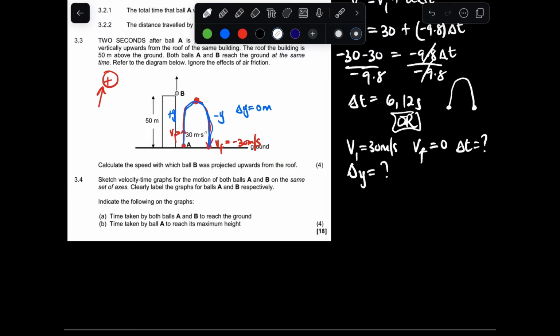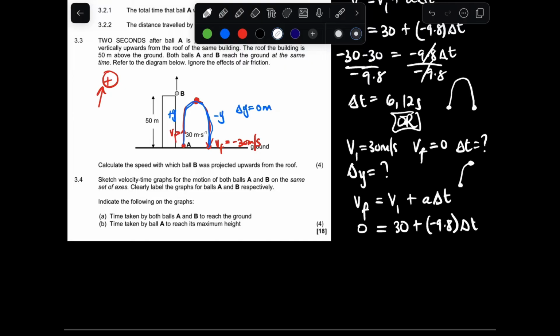So we use Vf is equal to V initial plus acceleration change in time. The final velocity is 0, and the initial is 30, right? Plus acceleration, which is negative 9.8. We are looking for time.